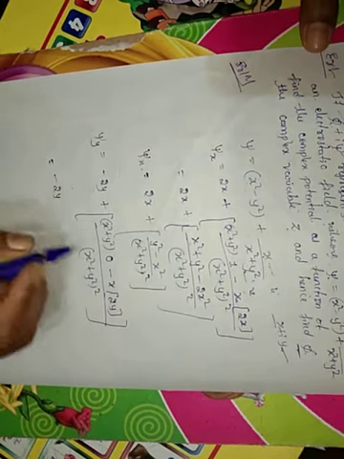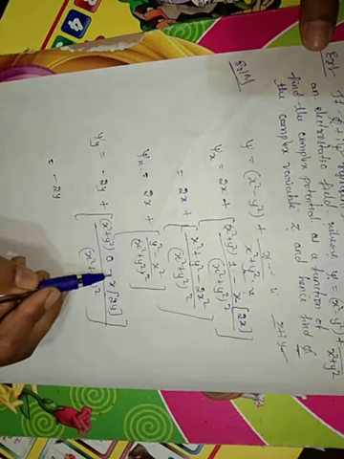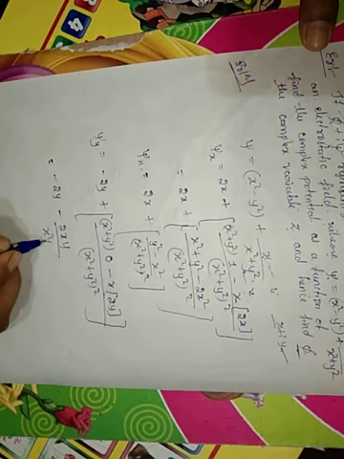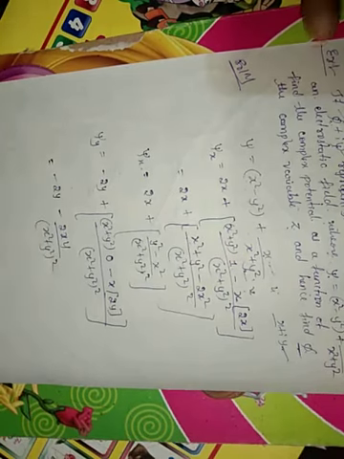Open the bracket: 0 into something is 0, and here it is a minus sign, minus 2xy divided by x square plus y square whole square.